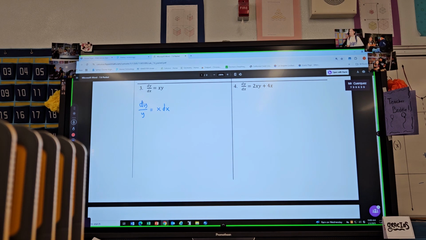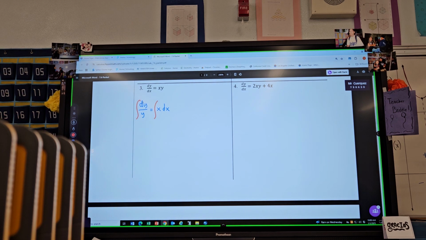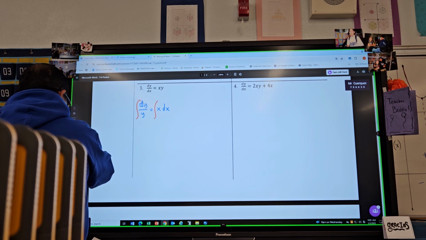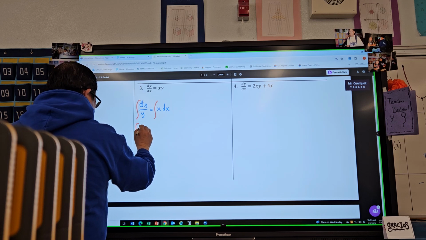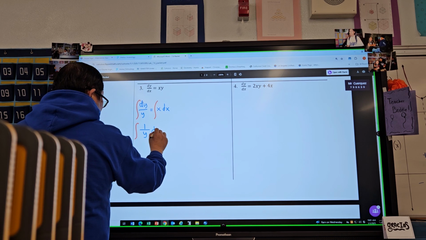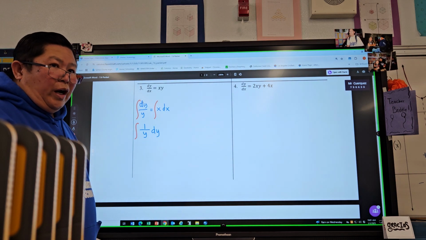So what's next after we separate? We now write the integration sign. So we can integrate. So I'm gonna rewrite this into the integral of 1 over y dy. I can rewrite it that way. Make sense, guys? So what is 1 over y? Ln y, right?